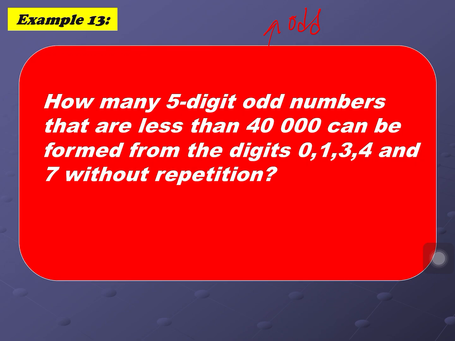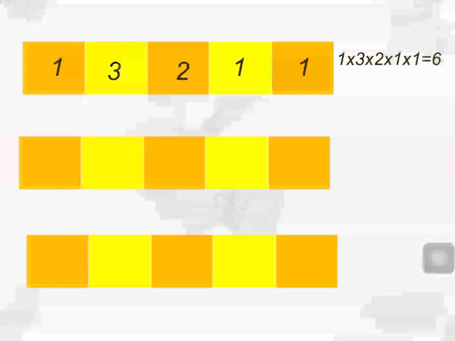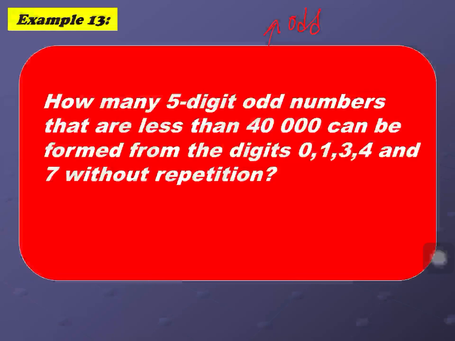Example 13. How many 5-digit odd numbers that are less than 40,000 can be formed from the digits 0, 1, 3, 4, 7 without repetition? 0, 1, 3, 4, 7. For this one, 1, 2, 3, 4, 5.